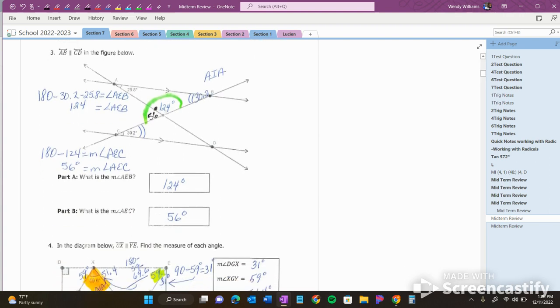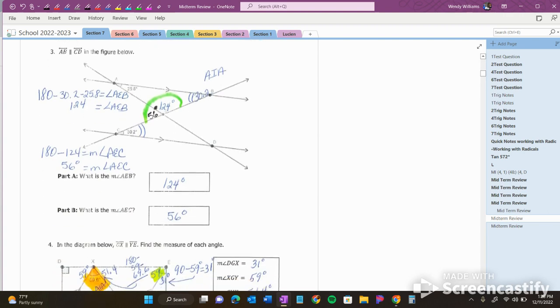On this next one, the key is to understand that there's 180 degrees in a triangle and that we have to use alternating interior angles here and here to bring that angle into the triangle so that we end up with a triangle up here.